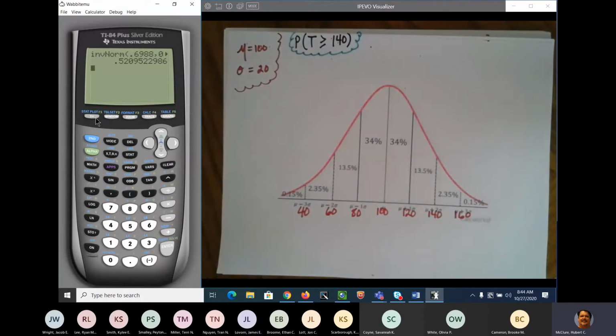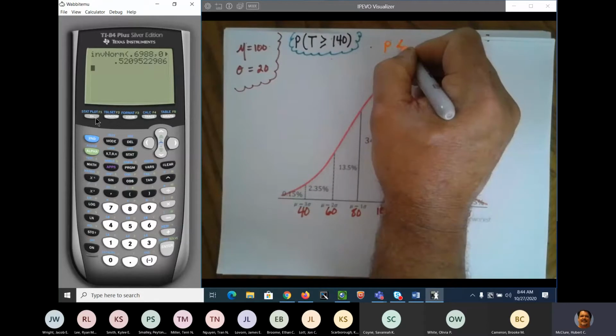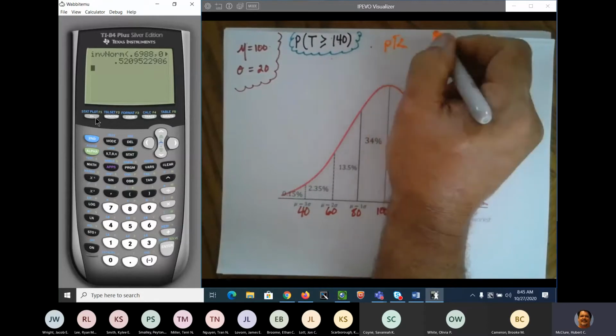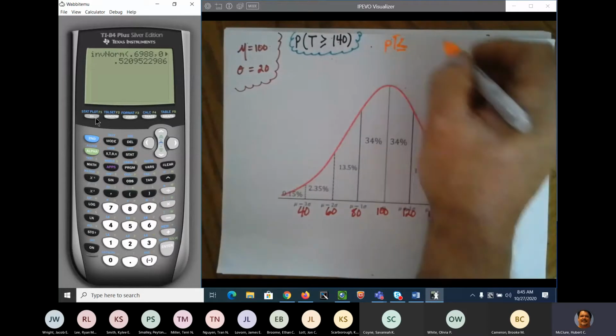What is the probability of a test score being less than 40?